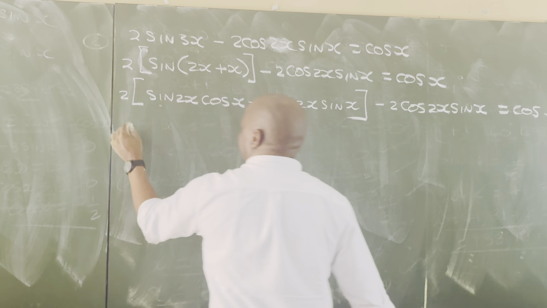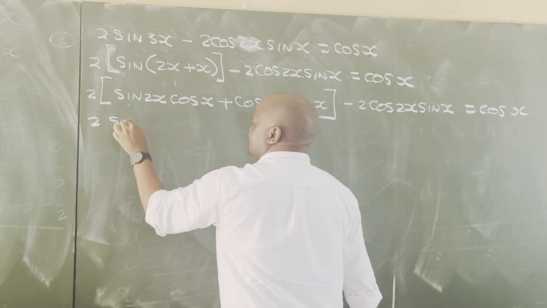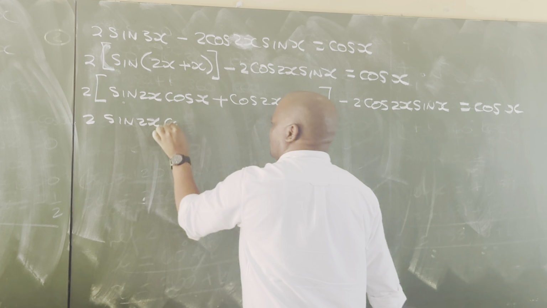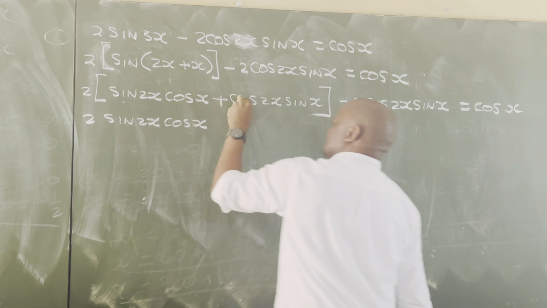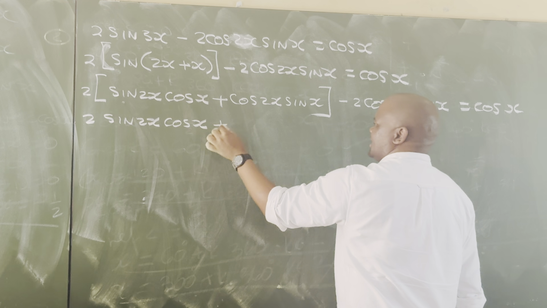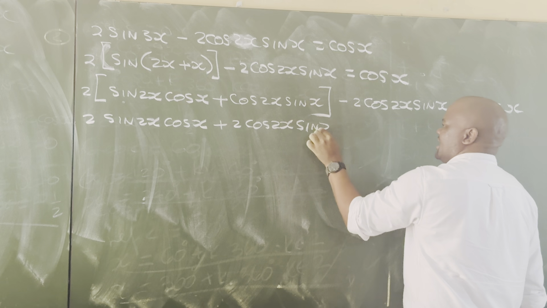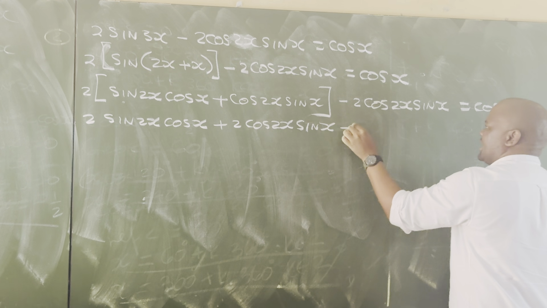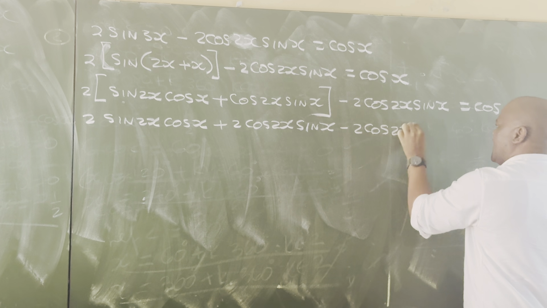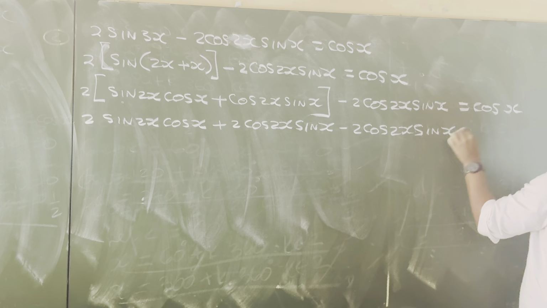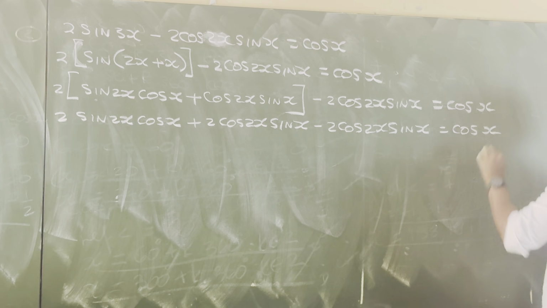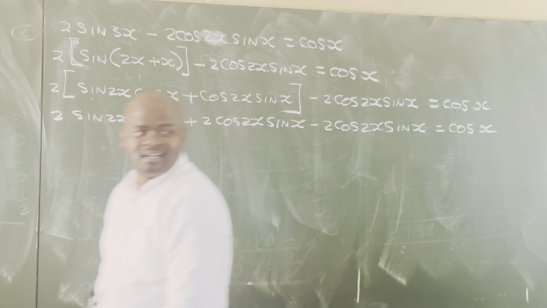Very good. So if we do that, we have 2 sine 2x cos x. And then we distribute again by 2. We have plus 2 cos 2x sine x. Then we have minus 2 cos 2x sine x is equal to cos x. Cancel.